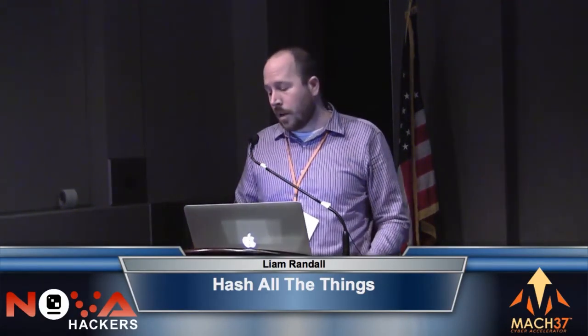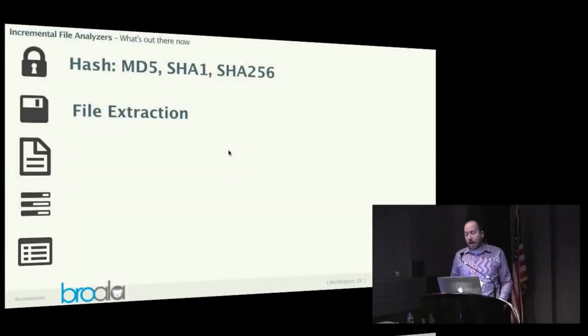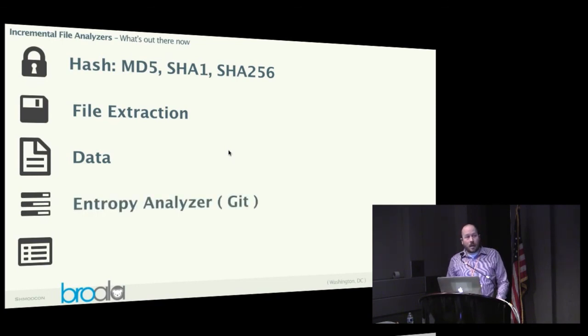The second file analyzer that is frequently used is extraction, the ability just to extract files. When you're doing that candidate selection process, you obviously need to turn it on at the beginning of seeing a file and not at the end, right? You can't go back in time here. I wish. There are data events, so if you want to pull data from scriptland into the Bro programming language, you can do that. There is an entropy analyzer now.